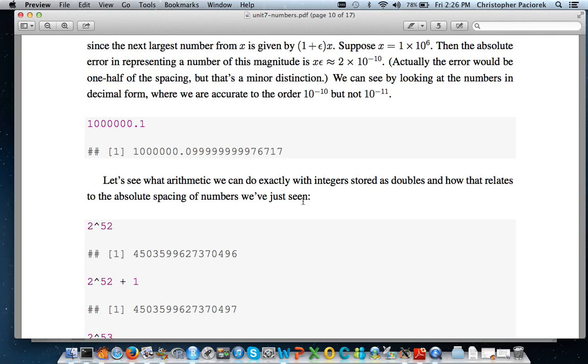One of the reasons I wanted to write this out this way is now if I decrease this from a 1 to a 0, I'm decrementing by 1 times 2 to the 0, I'm decrementing by 1. So at this point, I'm working in units of 1s. I can subtract another 1, and I'll get 2 to the 53rd minus 2.